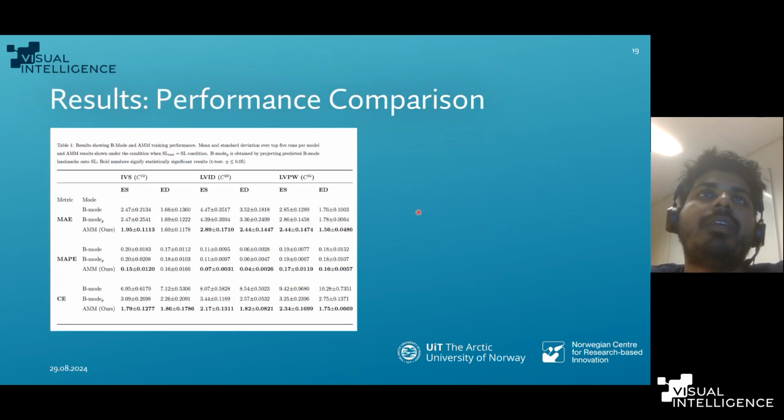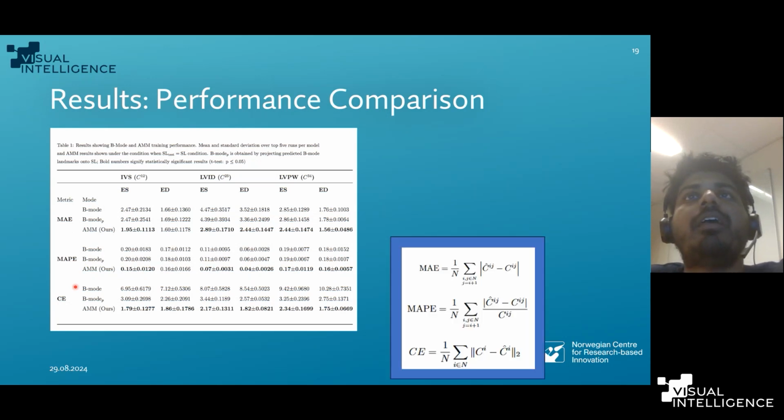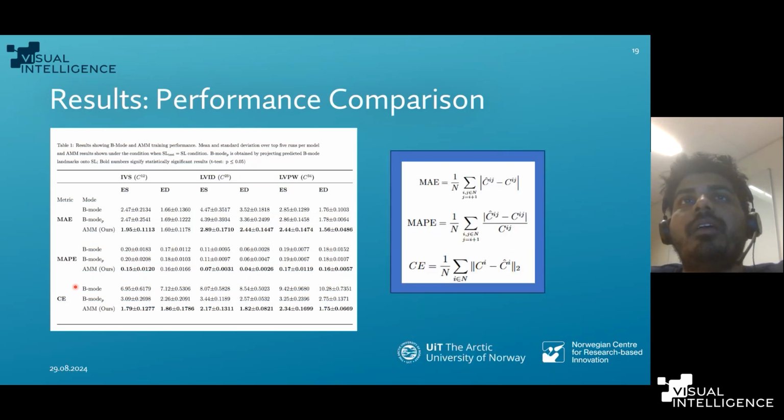So we computed some numbers. In landmark detection problems, mean absolute error, mean absolute percentage error and coordinate errors are very common evaluation metrics.